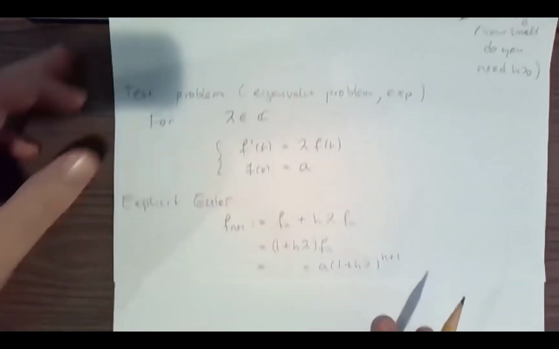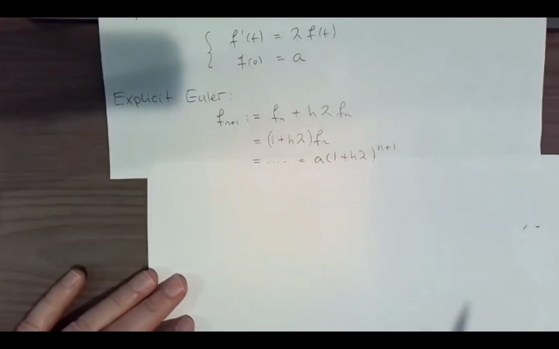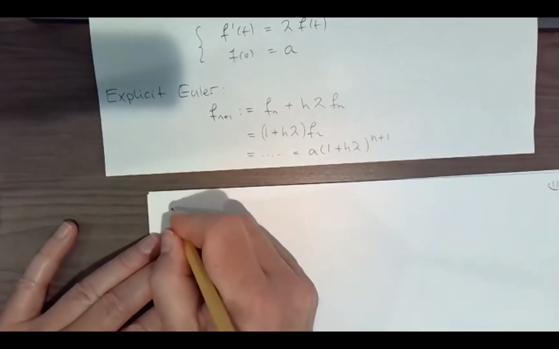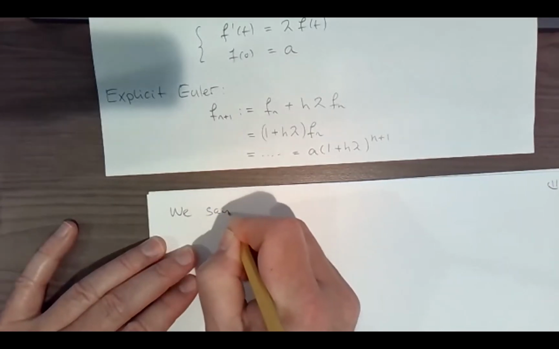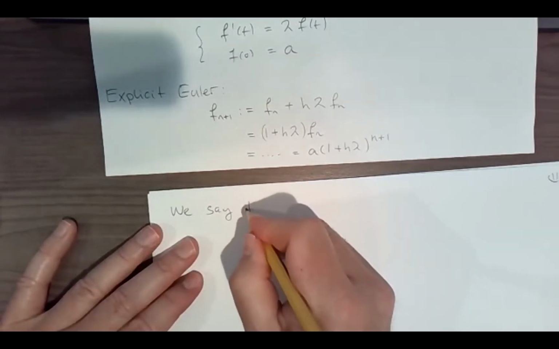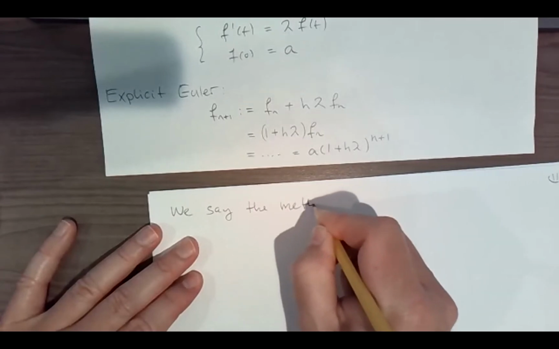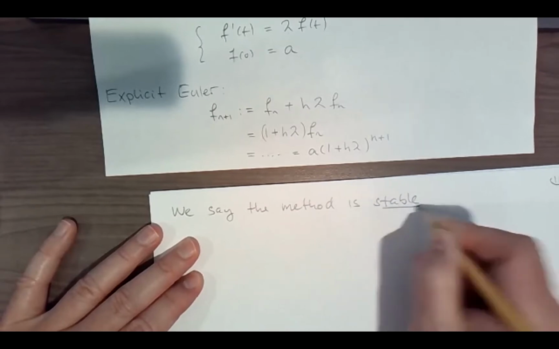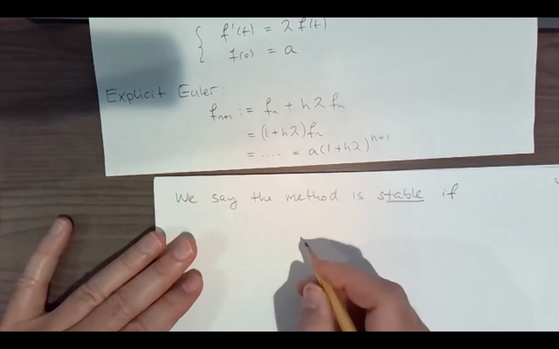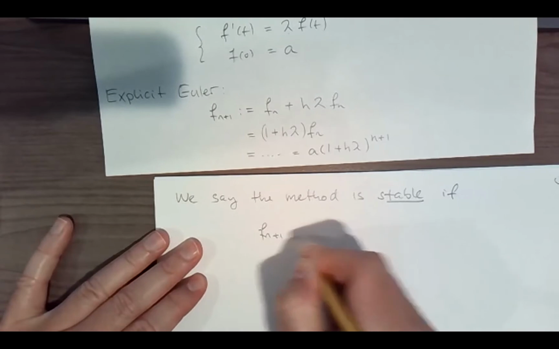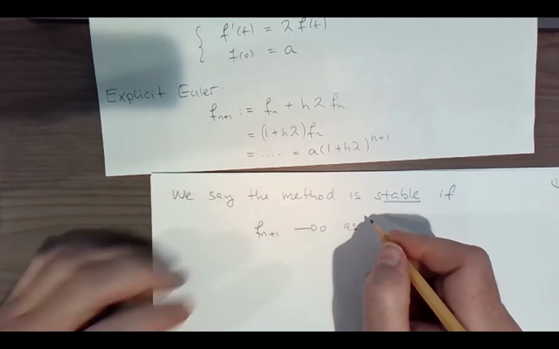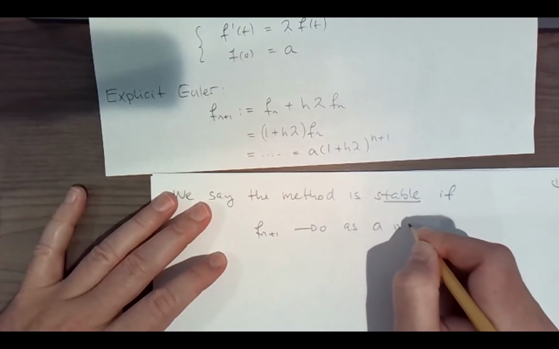So the criteria for accuracy, or stability. So stability is, we say the method is stable if this fn plus 1 goes to 0 as n goes to infinity.